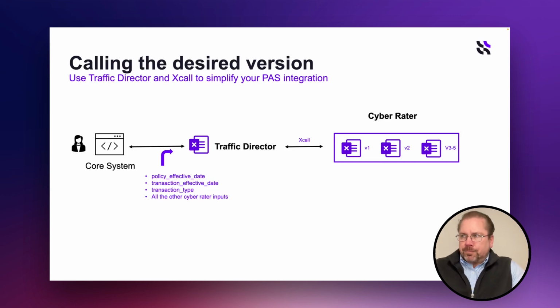And let's say that there's complex business rules deciding which version of the cyber rater to call. Like maybe a policy that was initially bound in 2022 that's coming up for renewal this month needs to use version 4. And then other new business needs to use version 5, et cetera, et cetera.